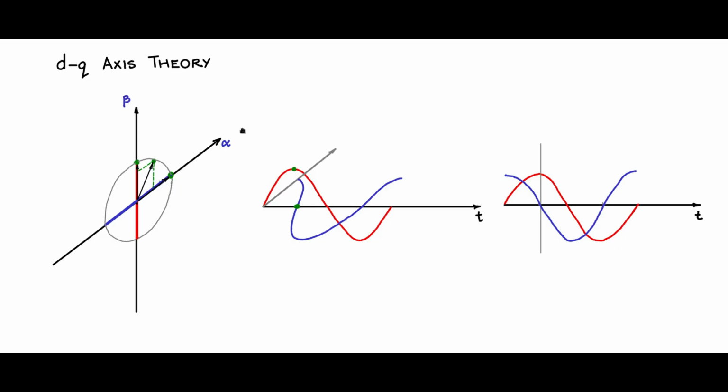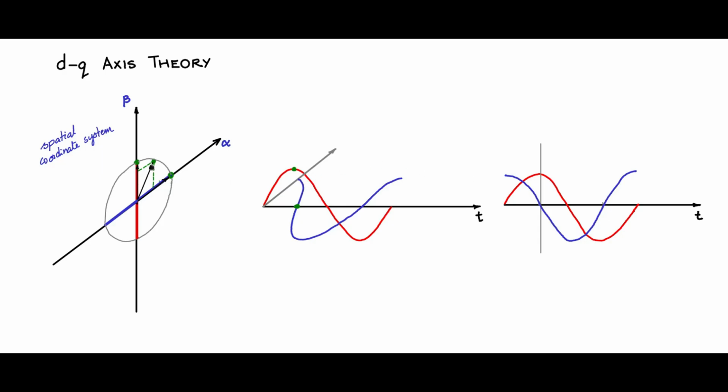So this coordinate system is not connected with time. Both these axes are not dependent on time. They are just two axes, orthogonal axes in space. So therefore it's called the spatial coordinate system, because they just represent projections of some time signal.